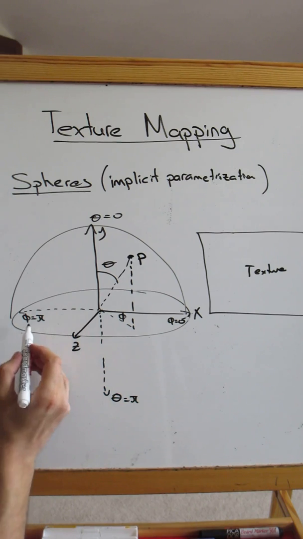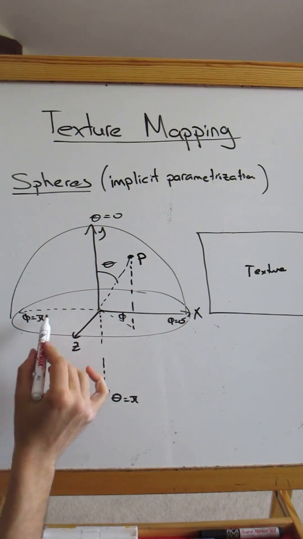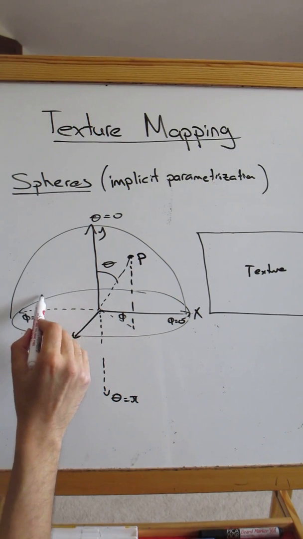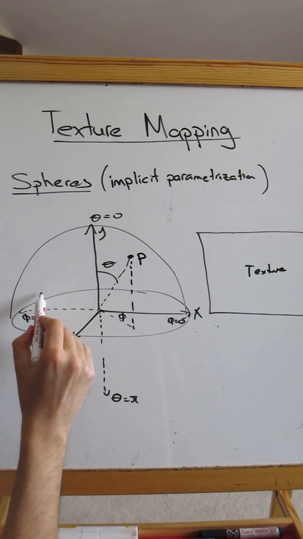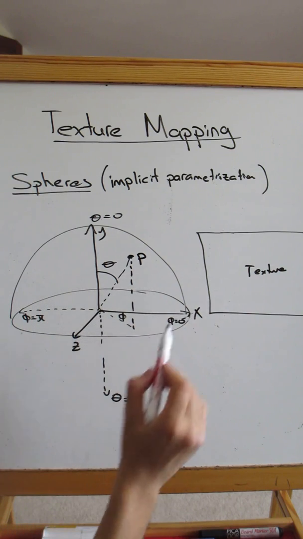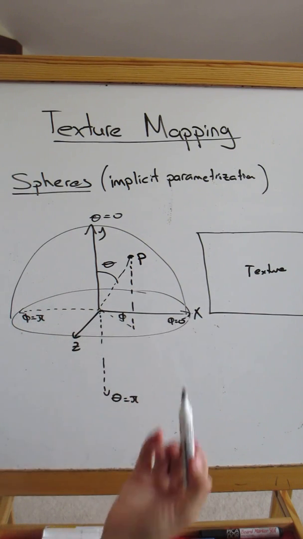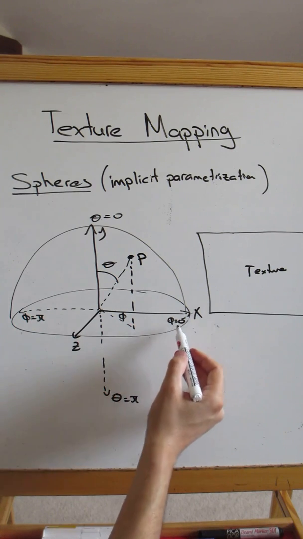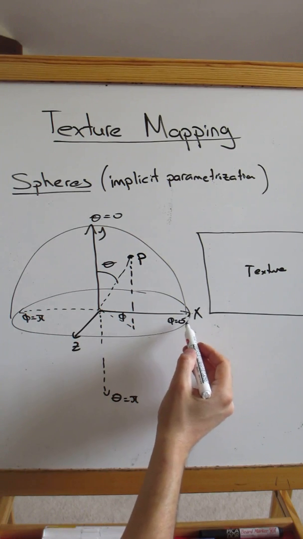Now, after this pi, there are different ways of thinking about it. You can say it keeps increasing and comes back to the start, and then it becomes 2 pi. 2 pi and 0 are the same thing. But when we are using texture mapping, we are going to use the trigonometric functions of the math libraries, and in general, math libraries associate these angles as follows.